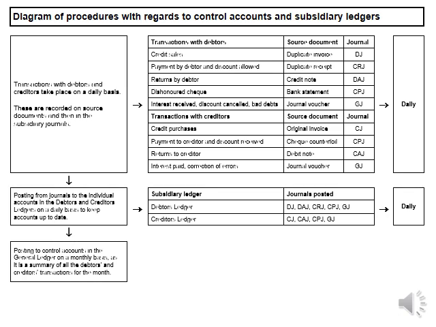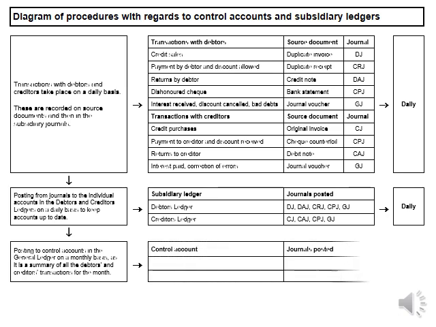Posting to control accounts in the general ledger will be done on a monthly basis, as it is a summary of all the debtors and creditors transactions for the whole month. So the debtors control will use exactly the same journals as we use in the debtors ledger, but we will only post the totals of these journals.